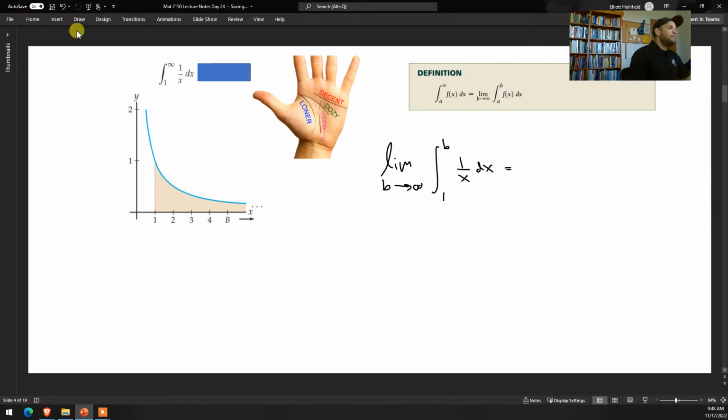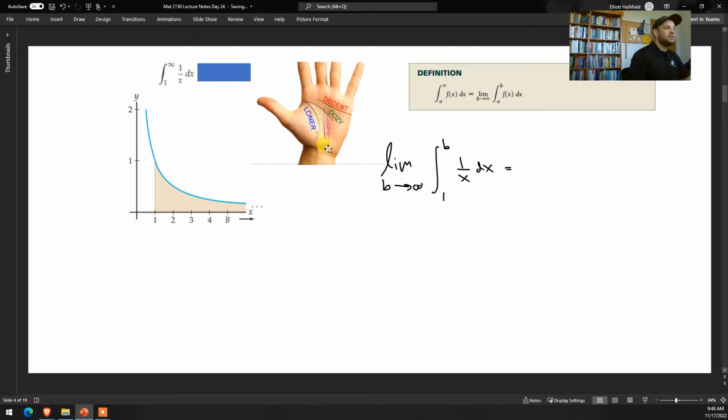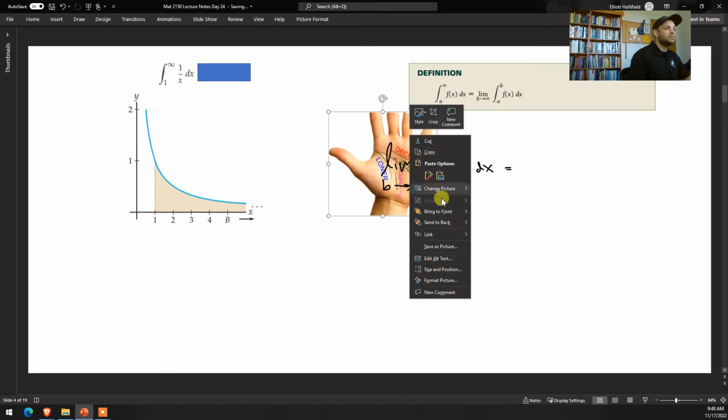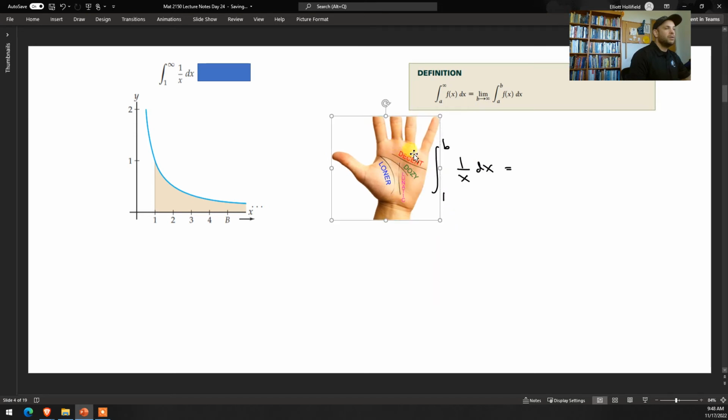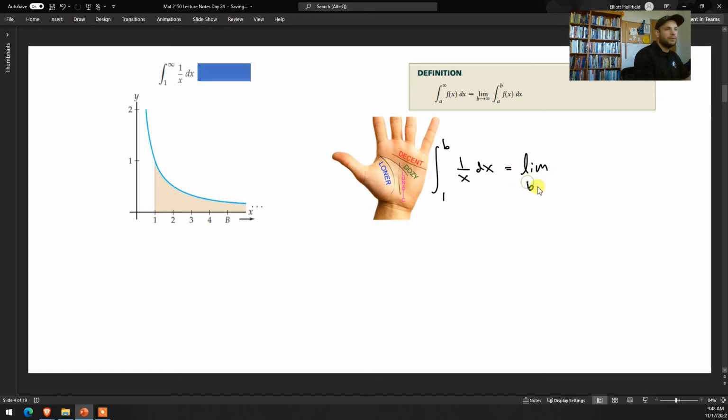Now again, let's cover up this limit business. Ignore that until our very last step. Let's worry about the integration. We'll carry along the limit like a motorcycle sidecar.